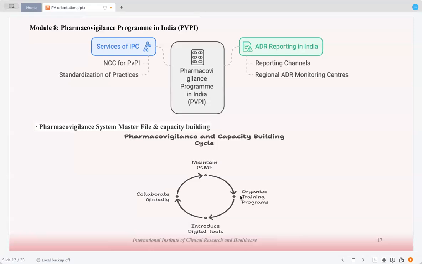That is how capacity building takes place. Training programs in collaboration with the Indian Pharmacopoeia Commission focus on capacity building by organizing workshops, training programs, and awareness campaigns for healthcare professionals, enhancing their understanding of pharmacovigilance practices.